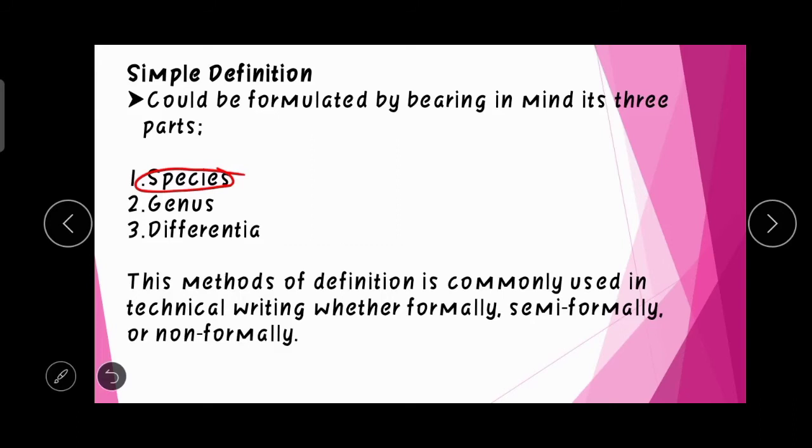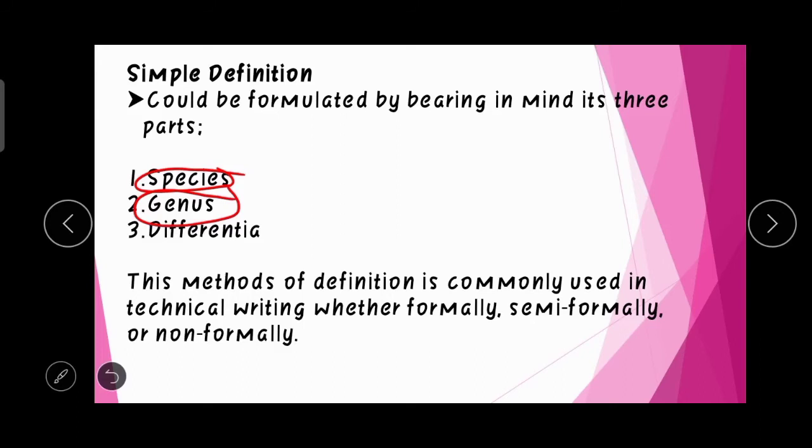The species is the subject of the definition or the term to be defined, while a genus or the class category where the term belongs is always connected to the species by a linking verb. Linking verbs are verbs that serve as a connection to a subject.